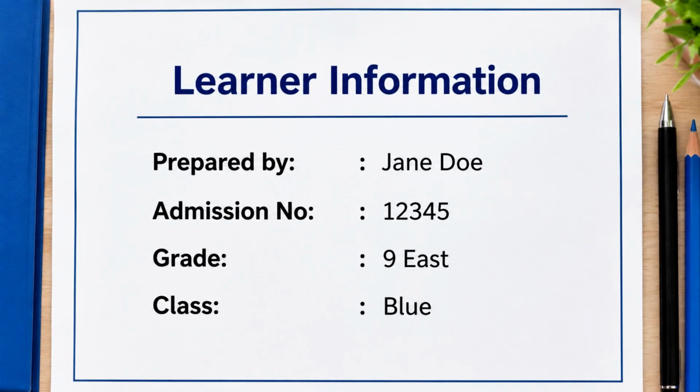And then next, you can now include the learner's information. And here, you're supposed to write your full name correctly and clearly. You may introduce it using the words prepared by or presented by and then your name. You are supposed to use the same name that appears in the school official records. So do not write your nickname, write your full name as it appears in your school records.